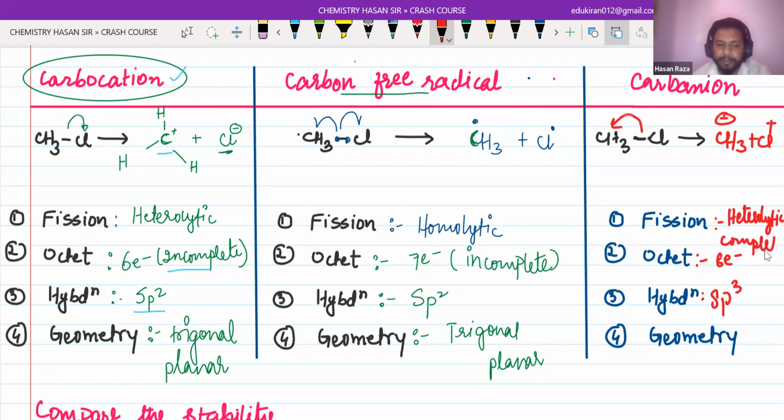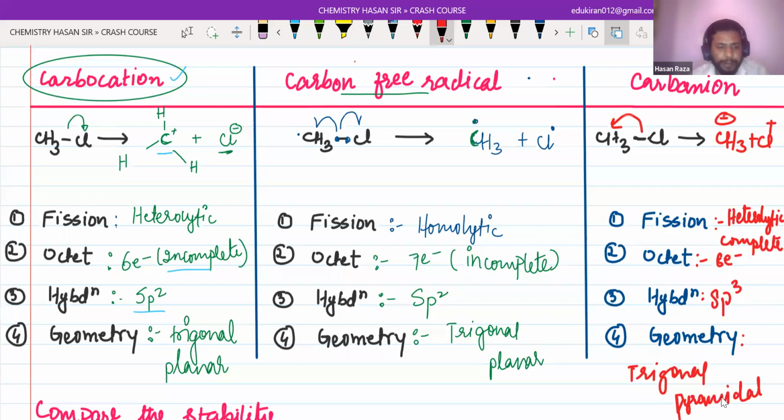And here you can see the geometry will be trigonal pyramidal, not tetrahedral. Do not go for tetrahedral because it has 1 negative charge which will act as a lone pair. So having 3 sigma bonds and 1 lone pair, it is trigonal pyramidal. The geometry will be like NH3.